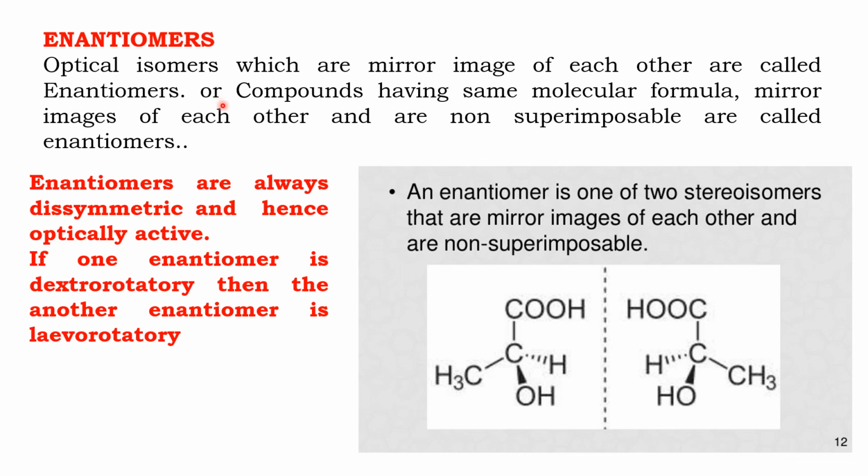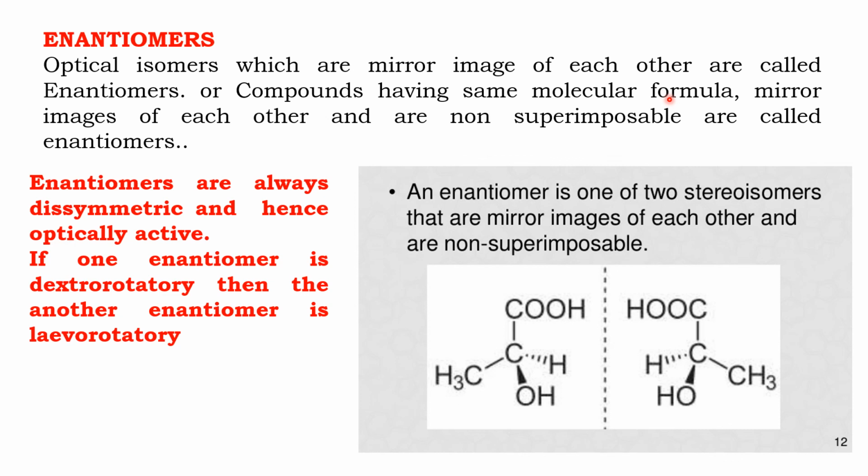That means enantiomers are compounds having the same molecular formula and they are connected by a non-superimposable object to mirror image relation. Such pairs which are related as object to mirror image are called enantiomers.